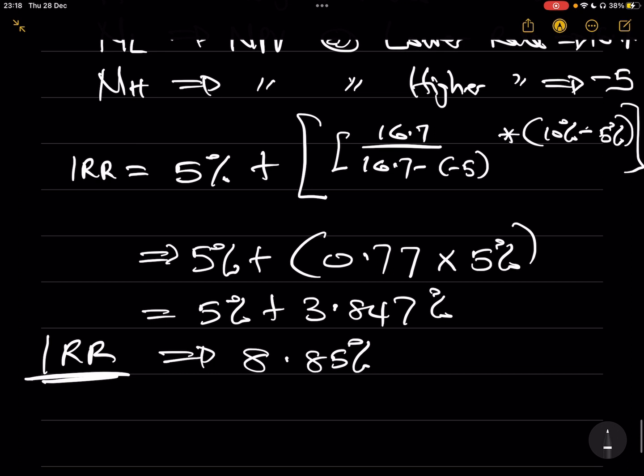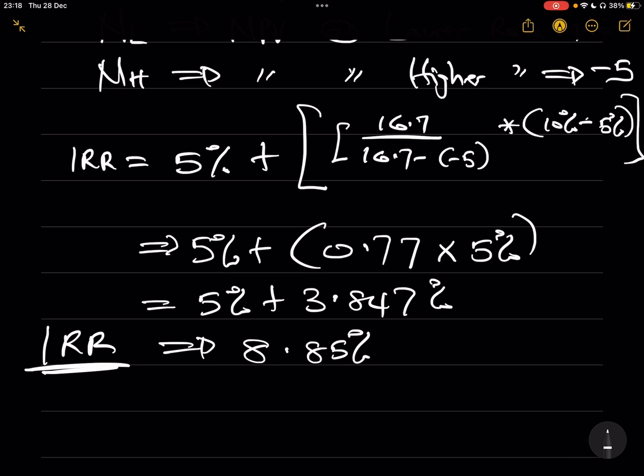What this means is that if you're going to borrow money or even use equity, the cost of equity or the cost of debt that you're going to be using must never be more than 8.85%. In fact, in real sense, it should not even be up to 8.85, because I don't think you want to do a business that will not give you profit. We don't want to make a loss, but why waste time doing a business and getting zero profit? So your cost of debt must never be up to 8.85.